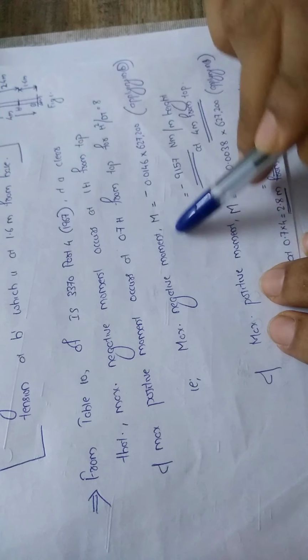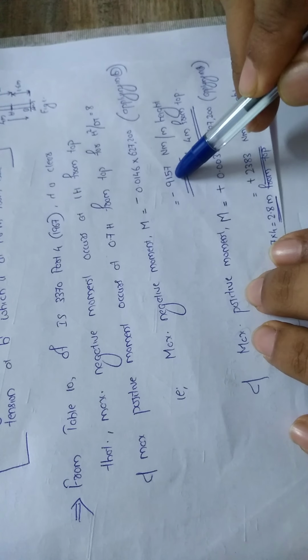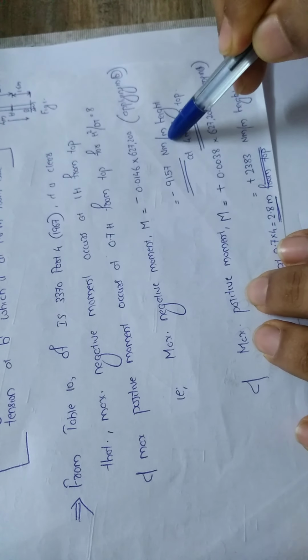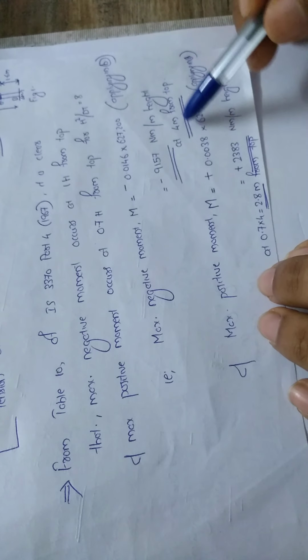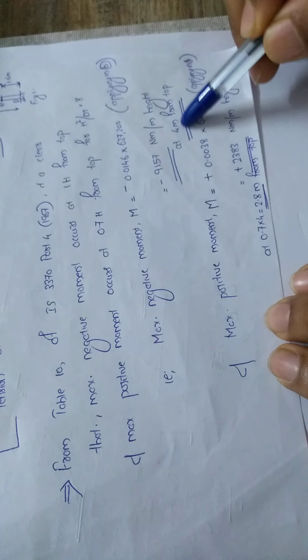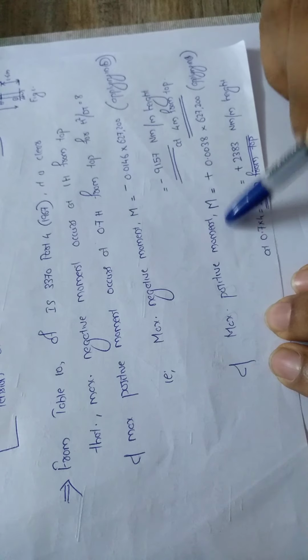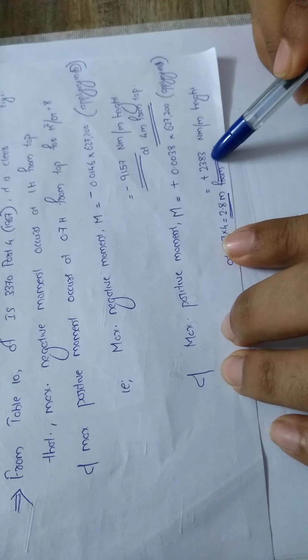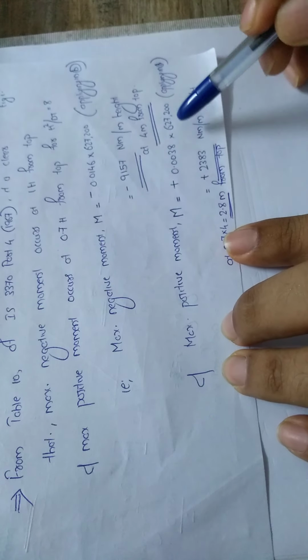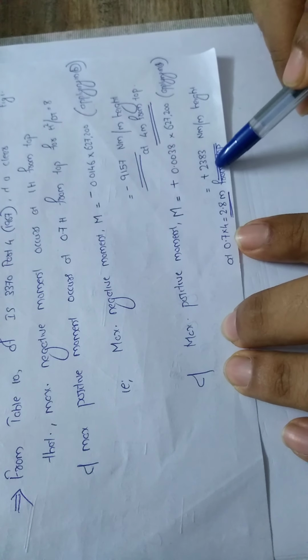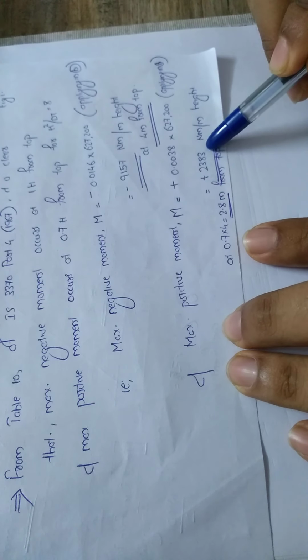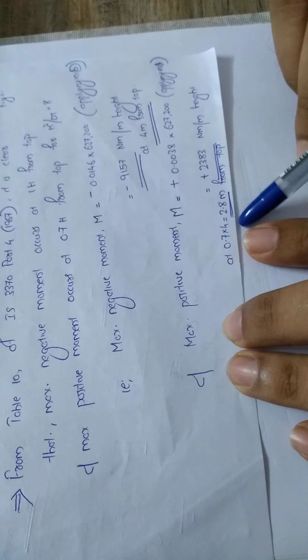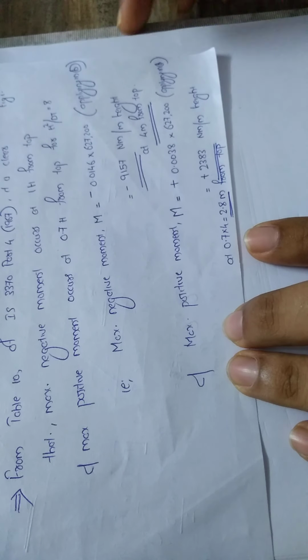So maximum negative moment, we are getting it as minus 9157 Newton meter per height. That is coming at the base, that means 4 meter from top, and maximum positive moment is coming as 0.0038 into 627,200. What we are getting is 2383 Newton meter per height at 2.8 meter from top.